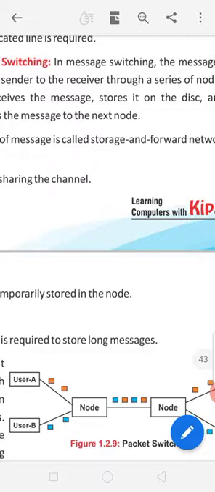In message switching we are using small data. Whenever we send a message to anyone, first of all our message is stored in our phone, computer, etc. After that we forward it. So it stores the data and after that forwards it. So it is known as store and forward switching.